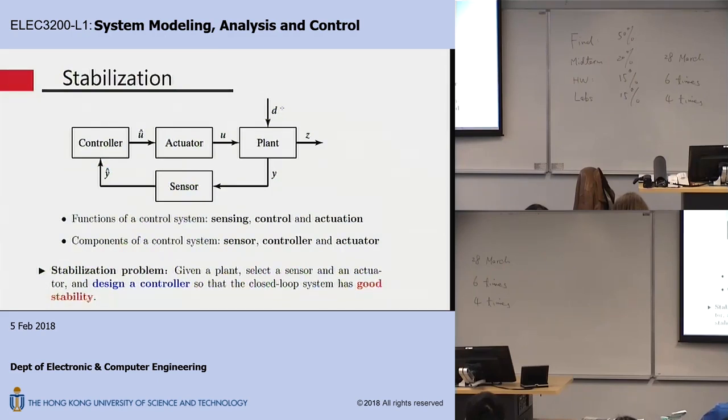We need to select a sensor and actuator, and design the controller so that the closed loop system, the whole system, works properly and has good stability. Of course, what do you mean by good stability?